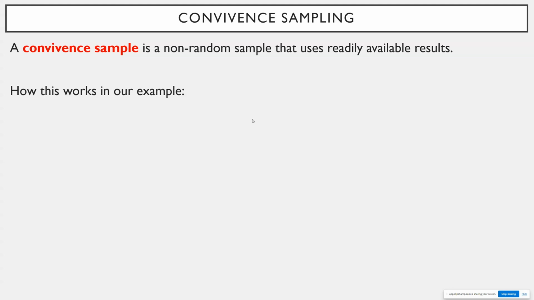Here's how this might work in the Villages: you only ask the people who live in your neighborhood. If you just ask the people who live in your area, there might be some bias in their responses, and your neighborhood might not represent the entire population as a whole. So this is a poor sampling method.